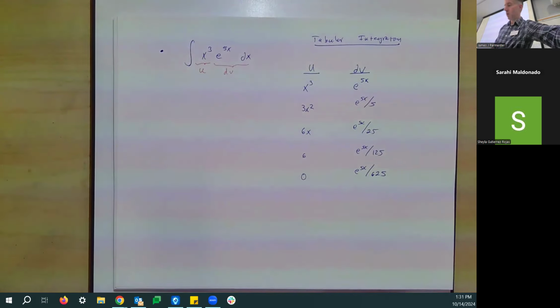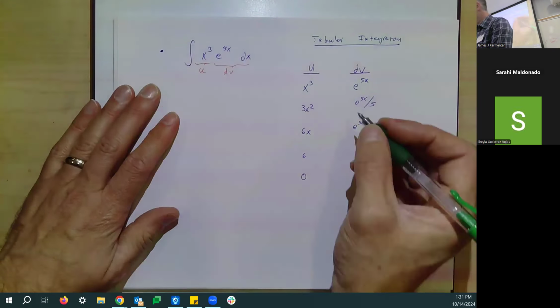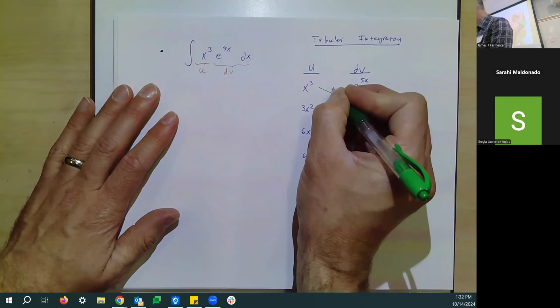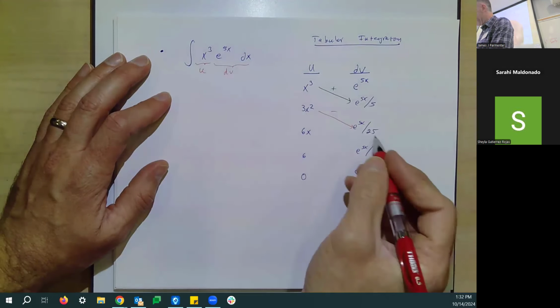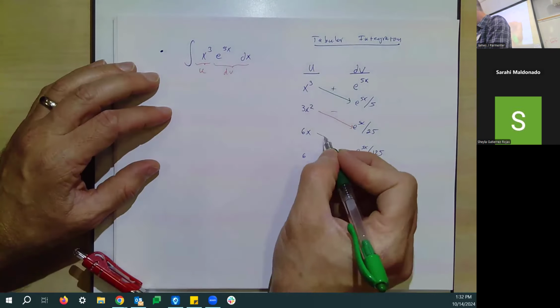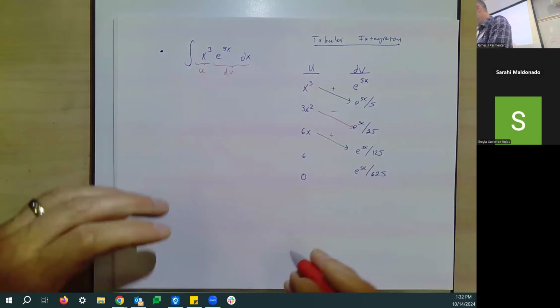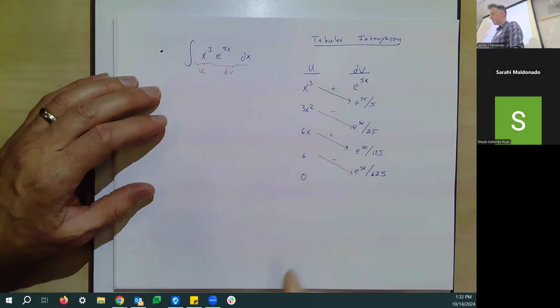And then we're almost done. We're just going to take the positive product of those things, the negative product of those things, the positive product of those things, and the negative product of those things.